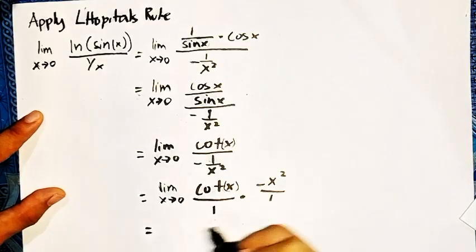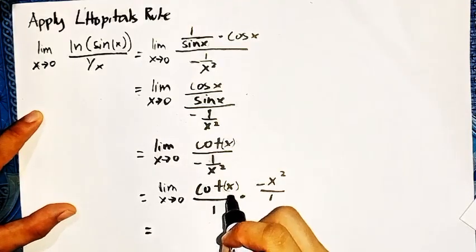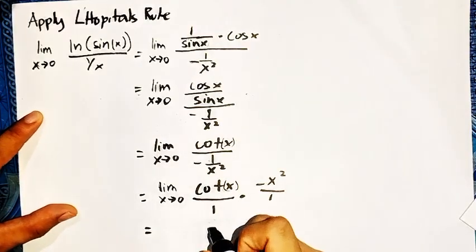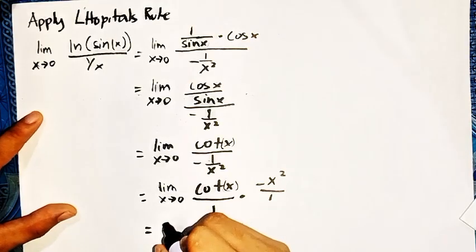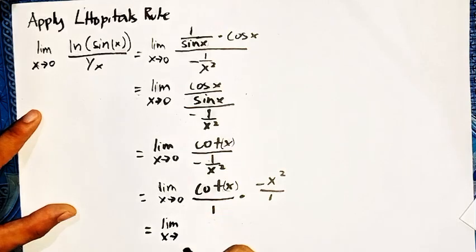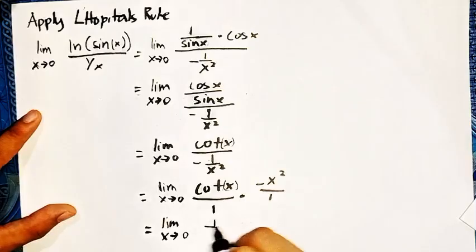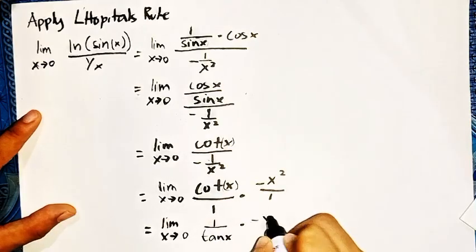So this cotangent x over 1, we can rewrite this as 1 over tan x. So the limit as x approaches 0 becomes 1 over tan x times negative x squared.